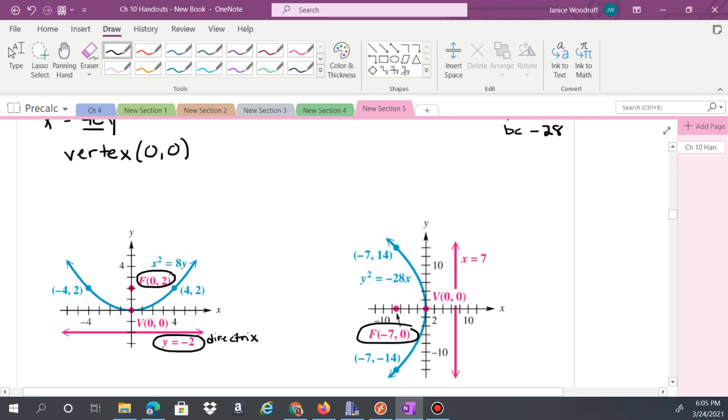And then the directrix is going to be the same distance. So since I went left 7 for the focus, I'm going to go the opposite direction, right 7, for my directrix. And since this is opening sideways, it has to follow along the symmetry, so this is going to be an x equals vertical line for my directrix.